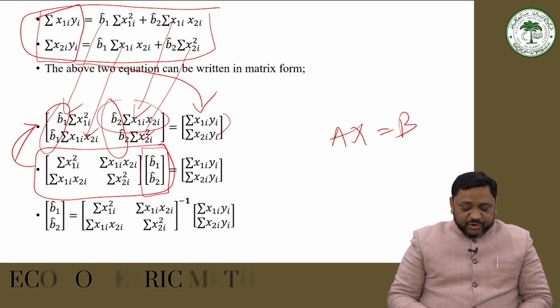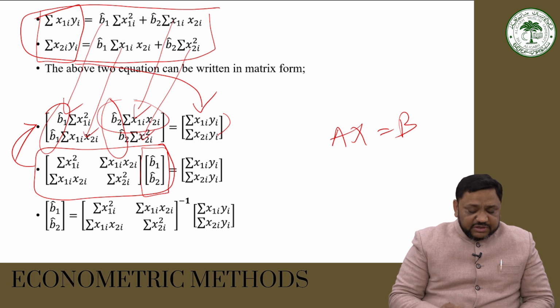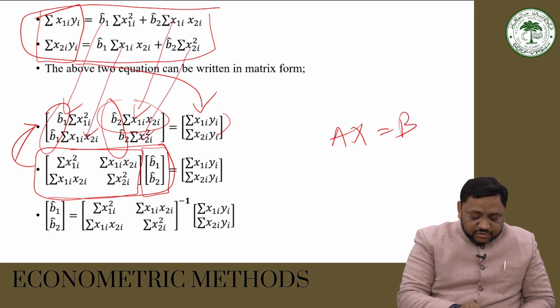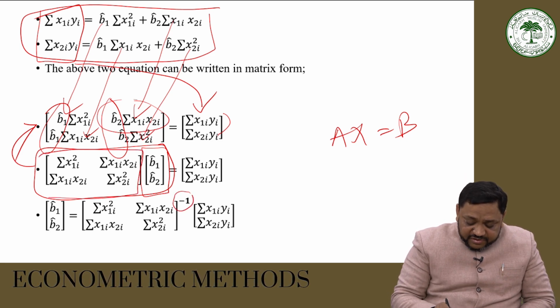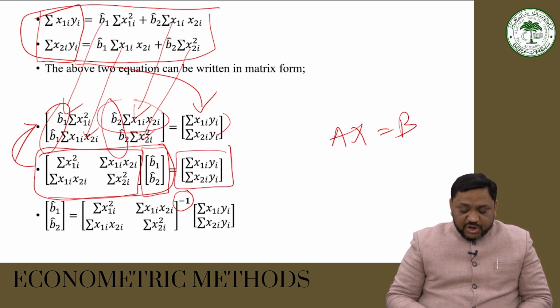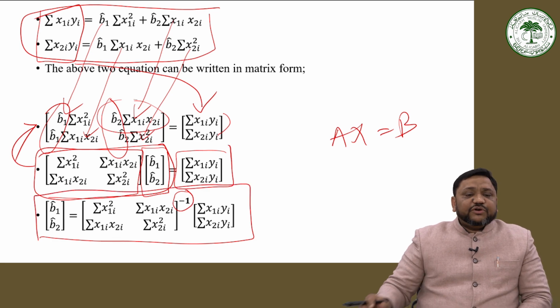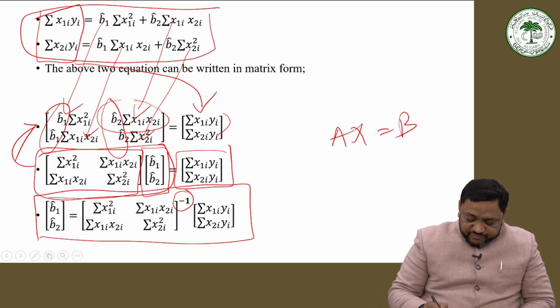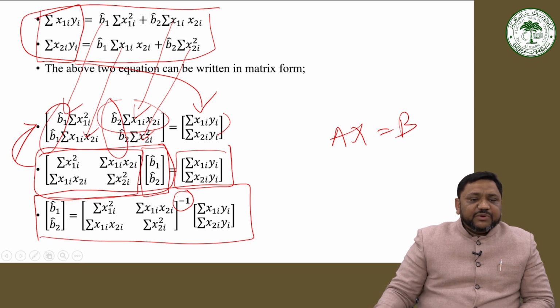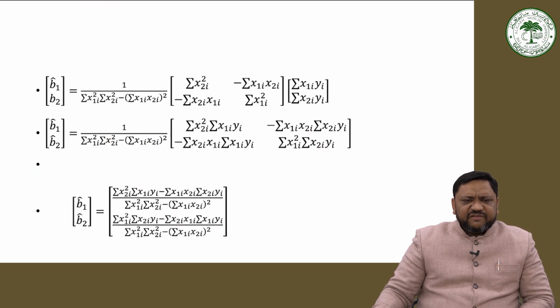The third step, we write b1 hat, b2 hat equal to the inverse of this matrix multiplied by this. So this is our final matrix from which we are going to derive the formulas for b1 hat and b2 hat. We should really appreciate using matrices, because it makes our life much easier.